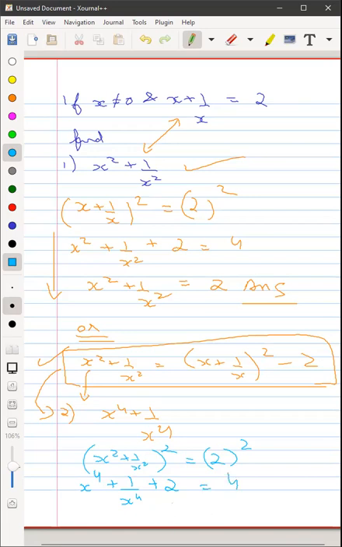So x4 plus 1 upon x4 is equal to 2. Ananya, learn your identities carefully.